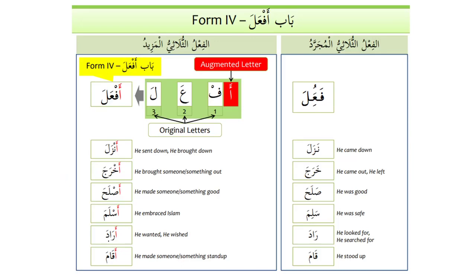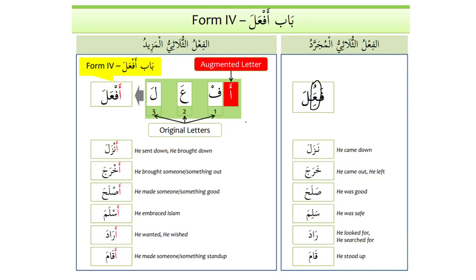Summary again over here. As we know, the verb that is thulathi mujarrad has 3 root letters. It can be fa'ala, fa'ila, and fa'ula. There is a possibility that ayn al-kalima can have fatha, dhamma, or kasra.